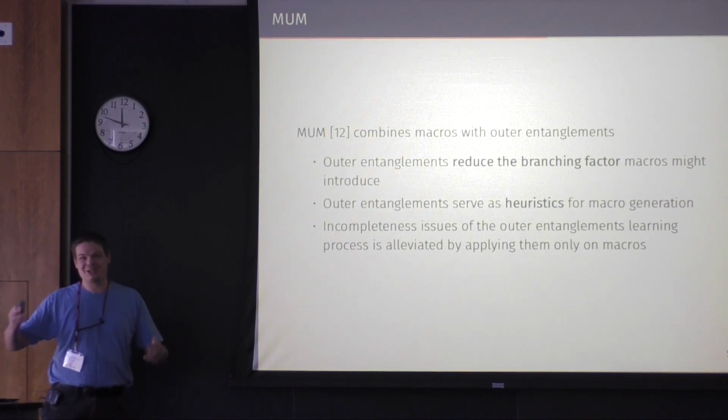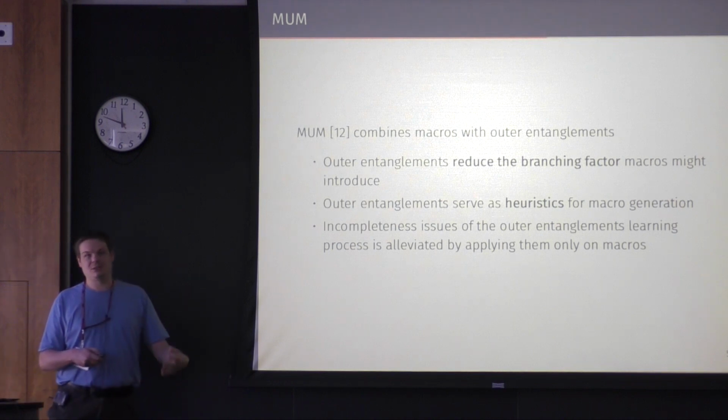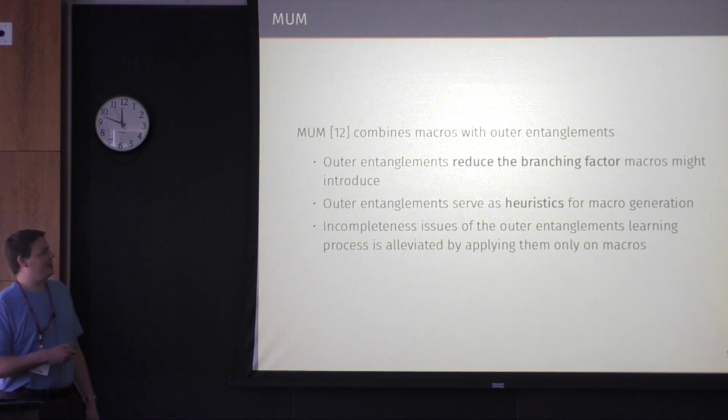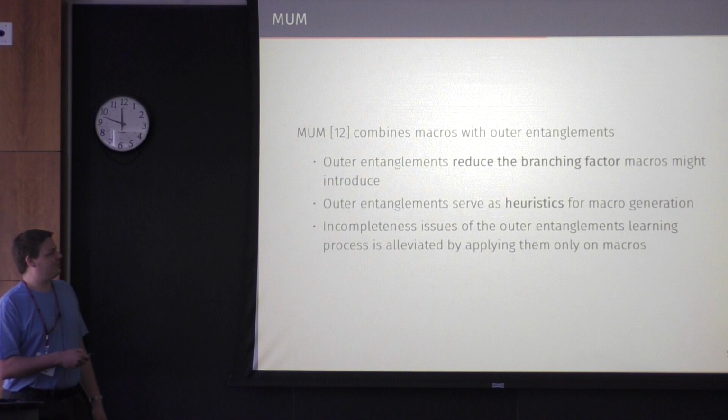We were thinking that macros are good for providing shortcuts in the search space, but they suffer from an increasing branching factor and too many instances, while outer entanglements are basically going against the branching factor.